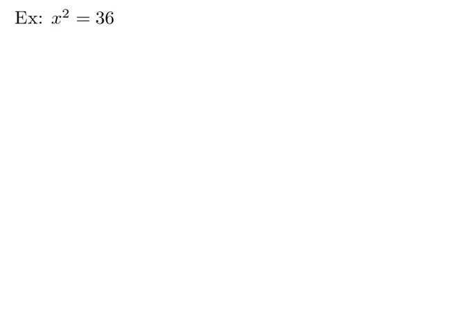So we have that x equals square root of 36, or x equals negative square root of 36. Oh, I thought I put a negative there. Negative square root of 36.